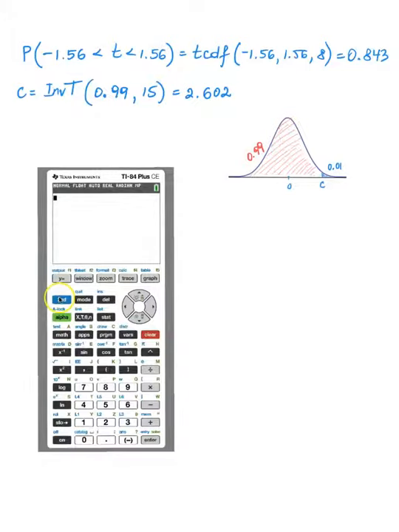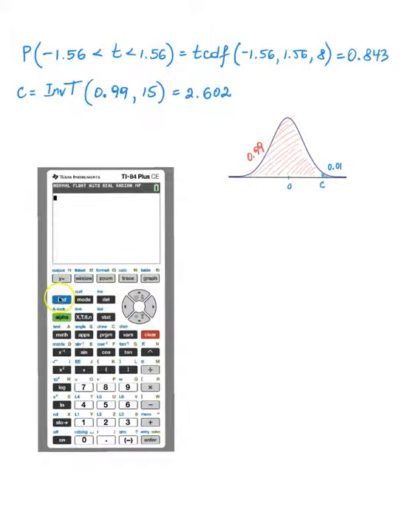So the c value will be computed by applying inverse t to 99% of area to the left of this t value with 15 degrees of freedom, which produces 2.602 as the result.